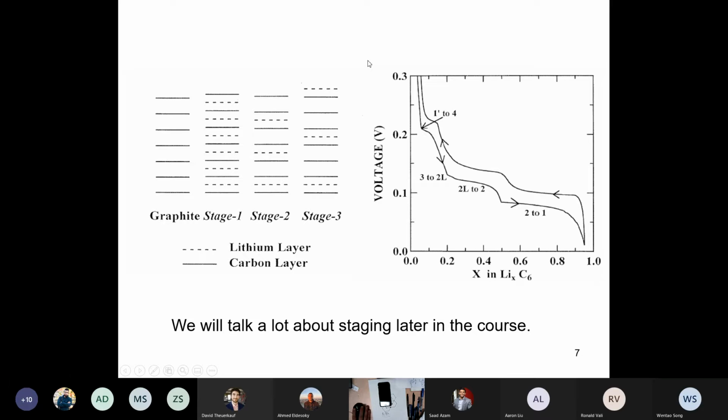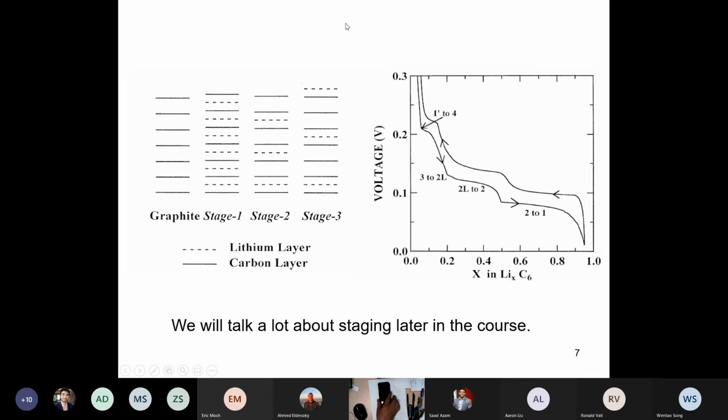Hey, Jeff. Yeah. So when you go from stage 3 to stage 2L, stage 2L is actually less filled up than stage 3, right? No, the stage 3 is not completely full in the lithium layers either. Okay. The galleries aren't completely full. If it were full, the stage 3 would be at 1/3 on this scale. So it's about half full as well.